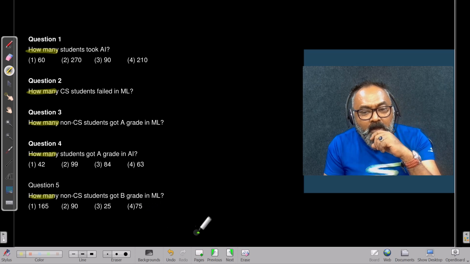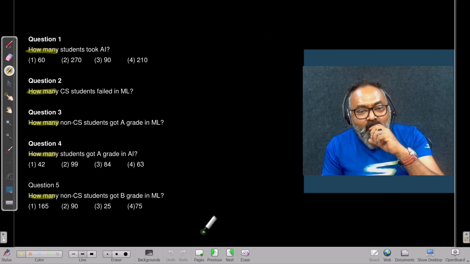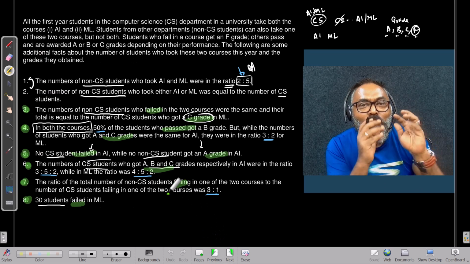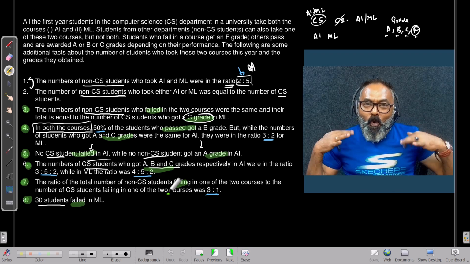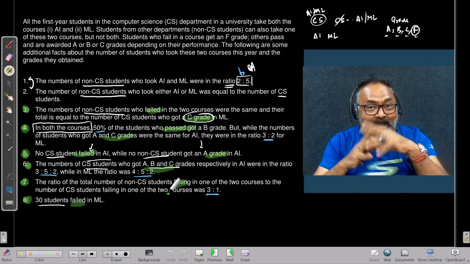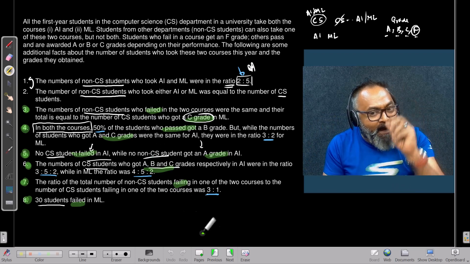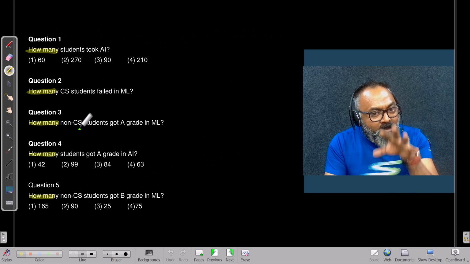What does it tell me? That if we crack this game, we can answer all these 5 questions. There is a flip side. If we make even one mistake somewhere, oh, life is over. So we have to be careful. Nothing to hurry, because I don't have to do any additional work in the questions.